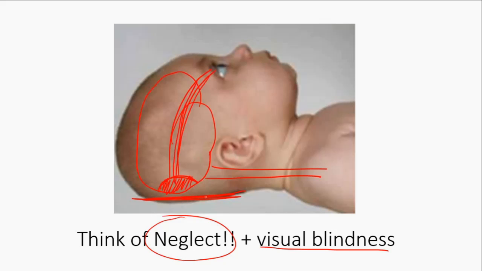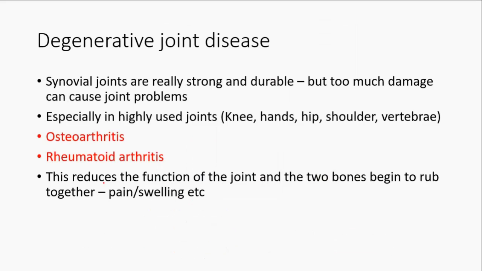So you can imagine that if there's a lot of pressure on the posterior part of the skull, making it flat, then you're kind of destroying that part of the brain. So in other words, the child's vision will be diminished. Okay, so another clinical correlate.